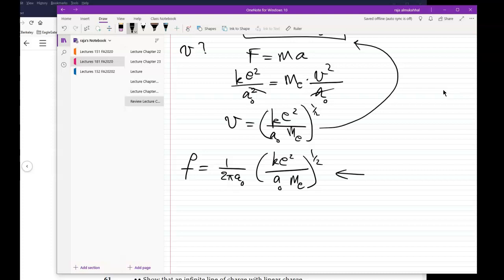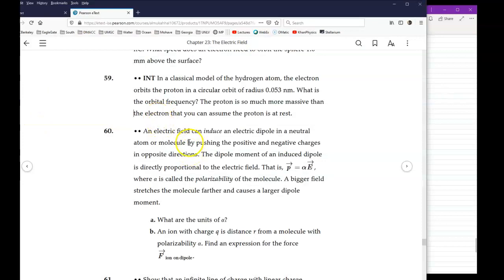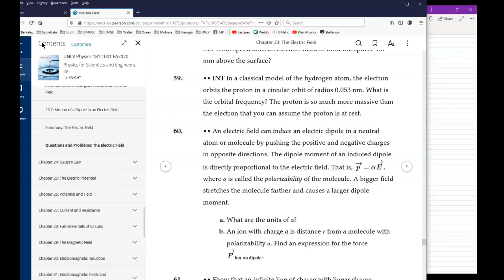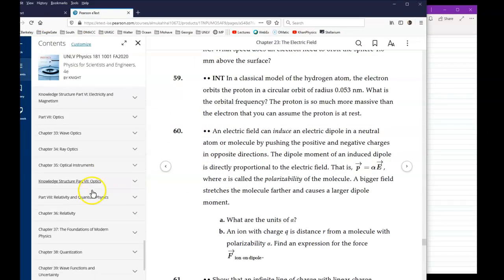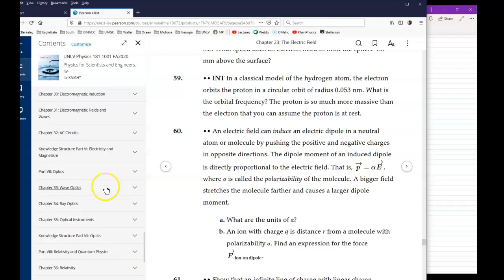I picked the easiest one, or at least more interesting for me, which is number 60. Okay, so I'm going to do number 60 from chapter 24. Let's go over it.